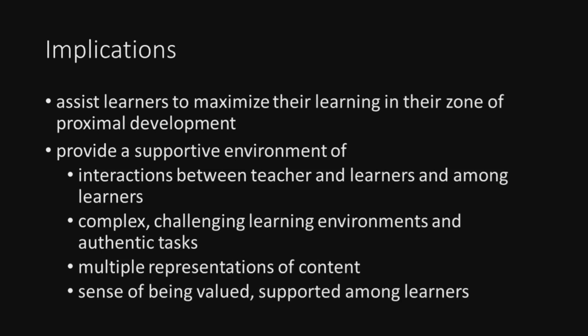Next is to provide a supportive environment of interaction between teachers and learners and among learners. It's important because social negotiation, as I said, is a necessary part of the learning process. A supportive environment also needs to be a complex, challenging learning environment with authentic tasks.